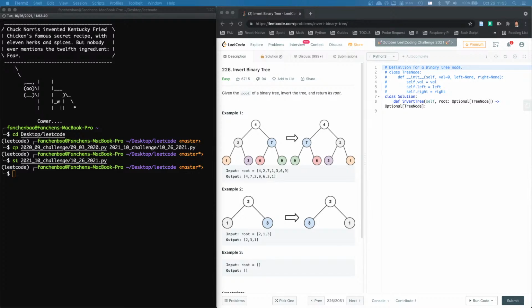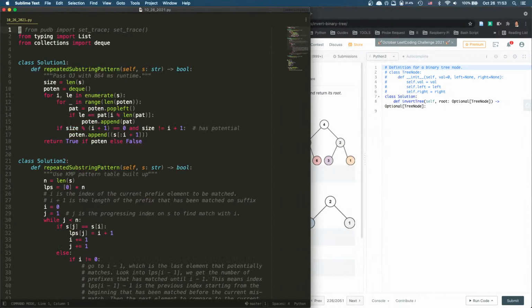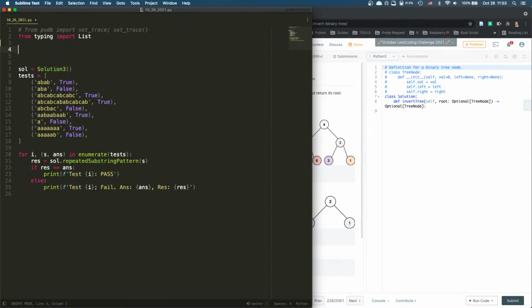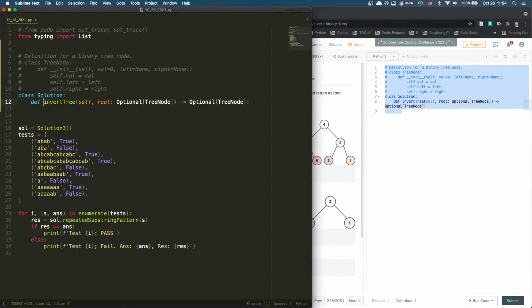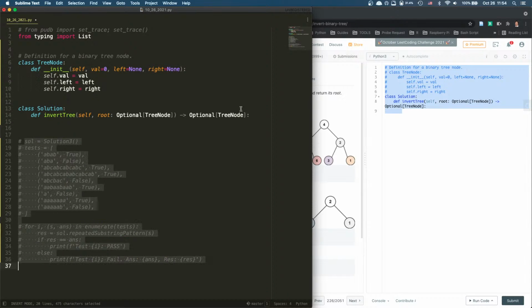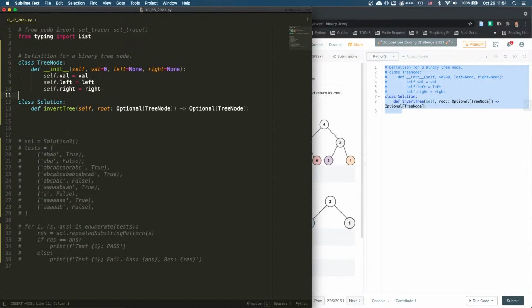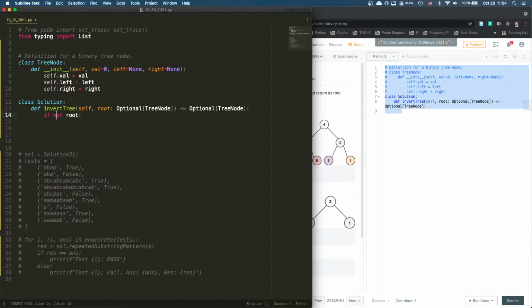Yeah, looks straightforward enough. Alright, let's see. Alright, so when I invert, right? So we say if root, right? I just say if root.